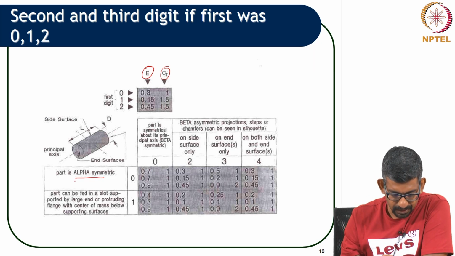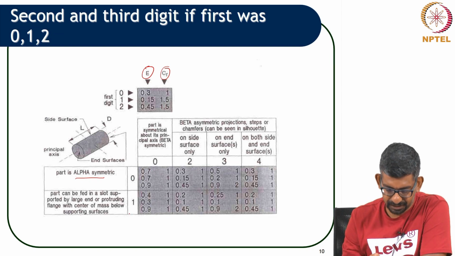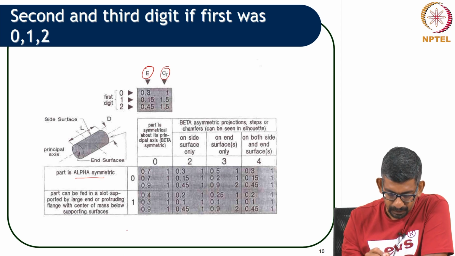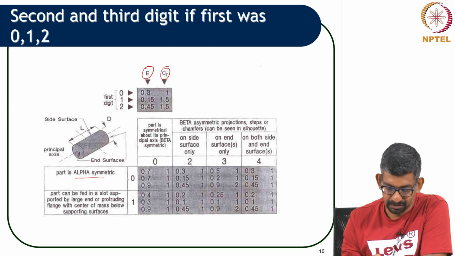So, the question is, if your first digit can be 0, 1 or 2, I have just cut it here, it can be 2 here also. What you are going to see is whether the part is symmetrical about its principal axis, beta symmetric, then these are your second and third digits, 0, 0, right.